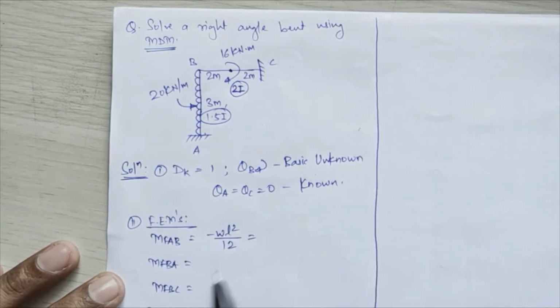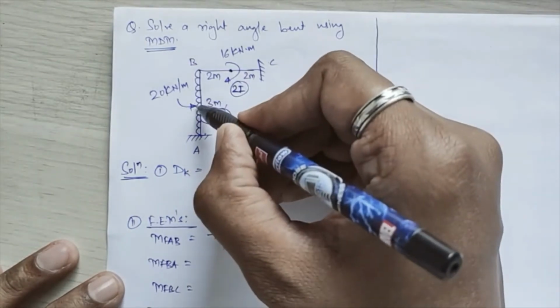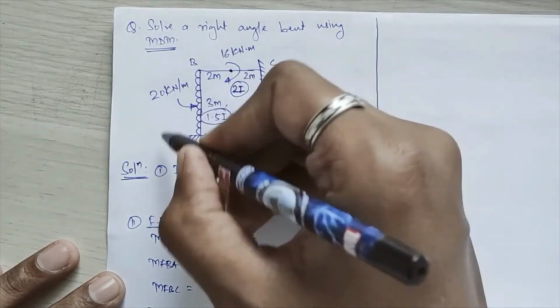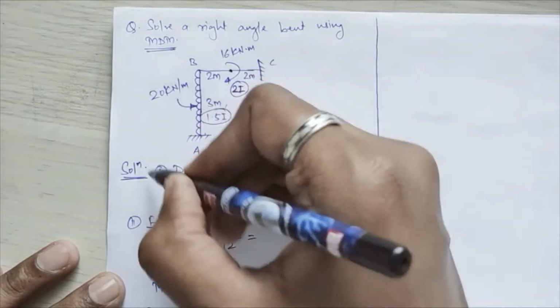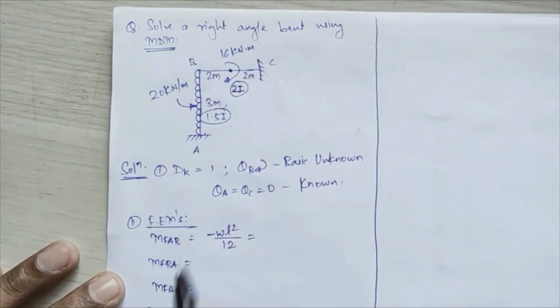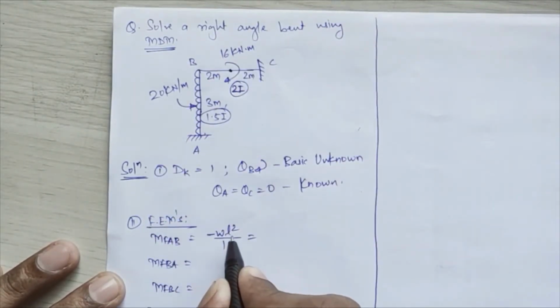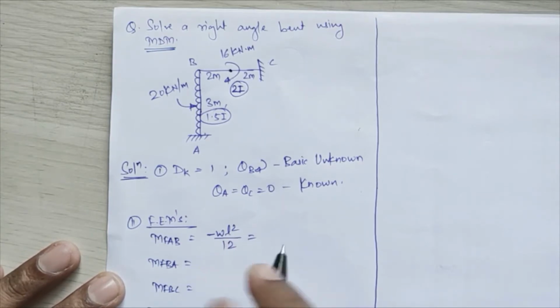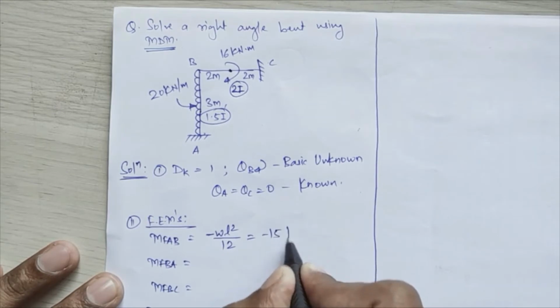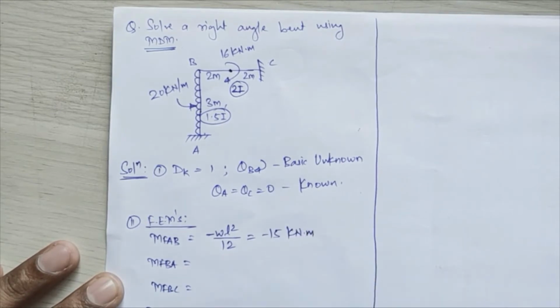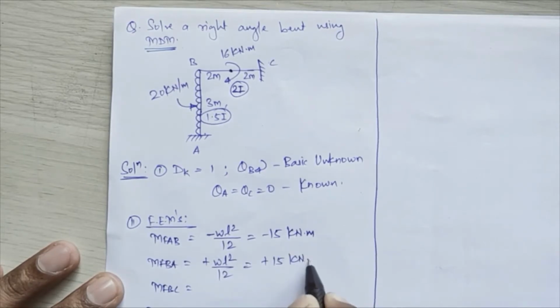For this UDL, at point A it will induce a clockwise moment, and restoring moment will be anti-clockwise, so that is why I am considering this negative. W is 20, length is 3, divided by 12. So 20 into 3 square divided by 12, I get minus 15 kilonewton meter. Same way BA you will get as plus WL square by 12, that is plus 15 kilonewton meter.